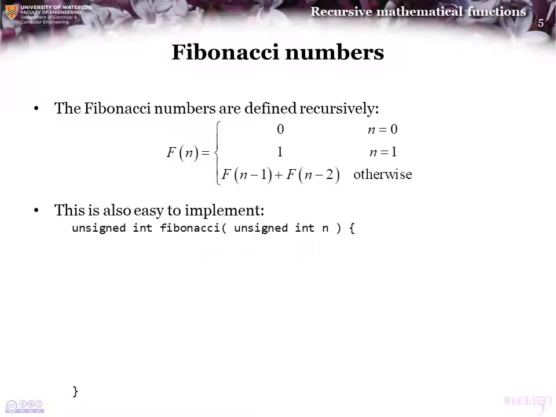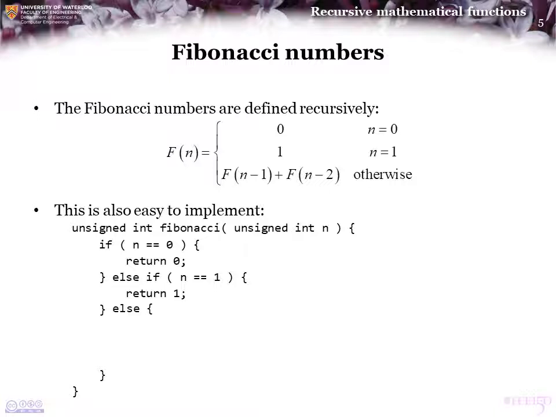So here's our function body, and we are going to deal with the 2 base cases. So if n is equal to 0, we return 0. If n is equal to 1, we return 1. Now we have to deal with the recursive case, which is only called when n is greater than or equal to 2.